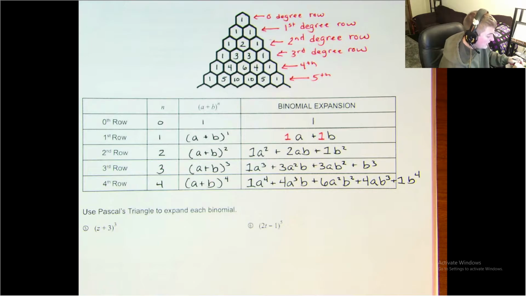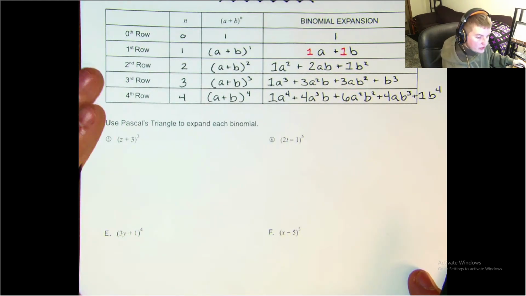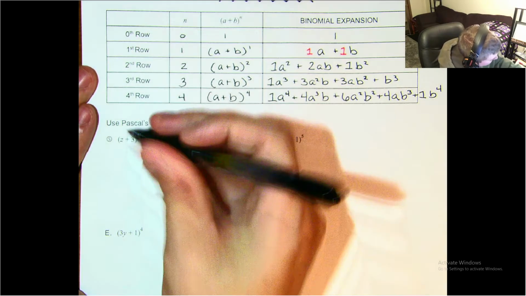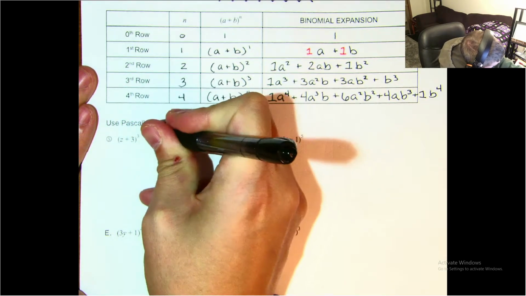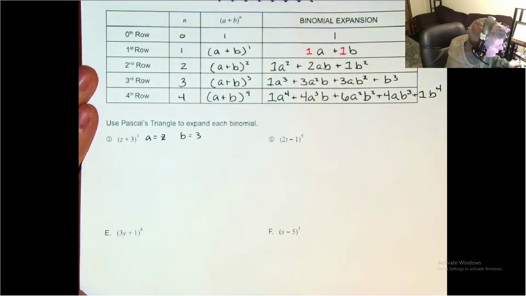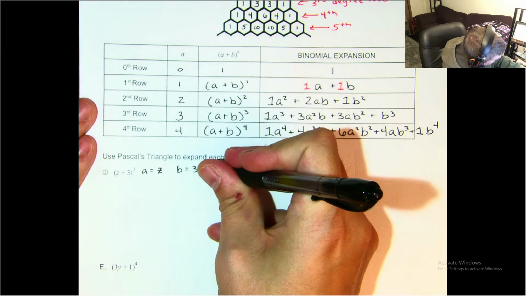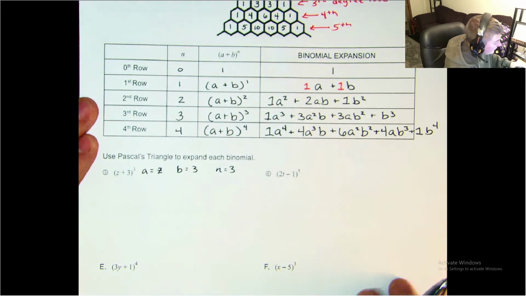Okay, let's go ahead and try that. So here I have z plus 3, so my a value here is z, and my b value here is 3. I'm just going to go ahead and use Pascal's triangle. So I'm taking it to the 3rd, so I'm looking at the 3rd degree row.